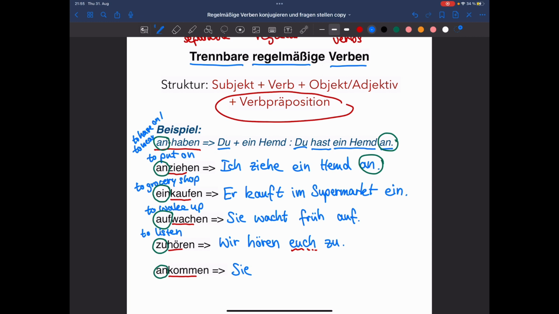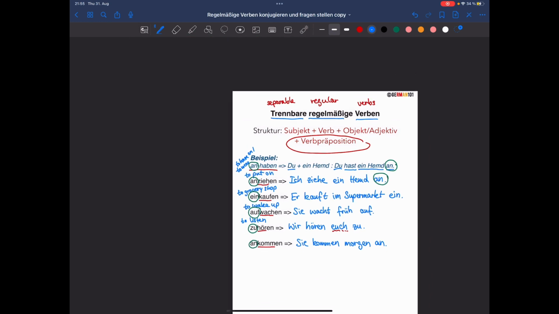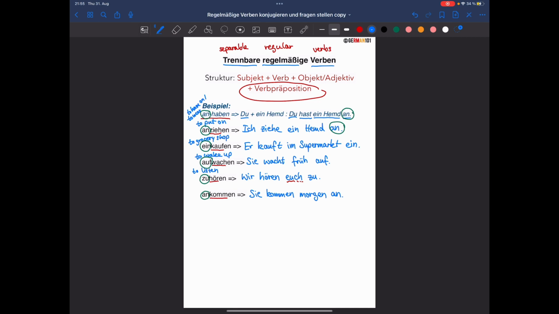Sie, plural, so they, sie kommen morgen an. Morgen is tomorrow. So they are arriving tomorrow. Sie kommen morgen an. Sehr, sehr gut.